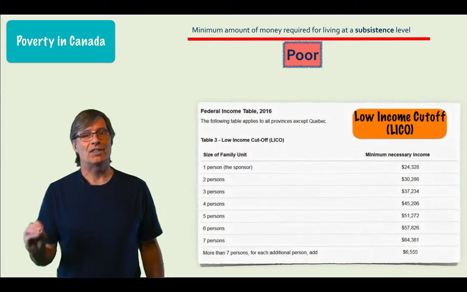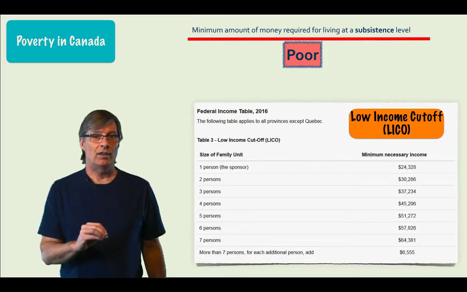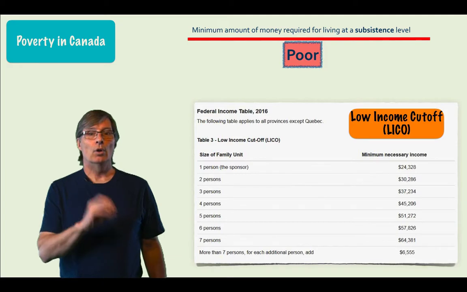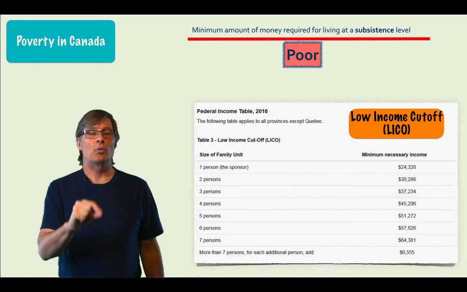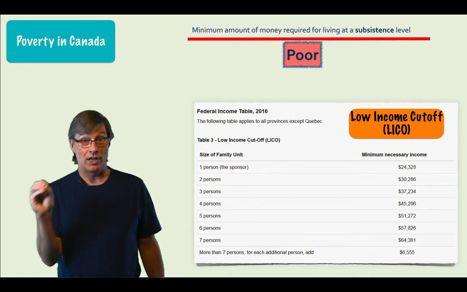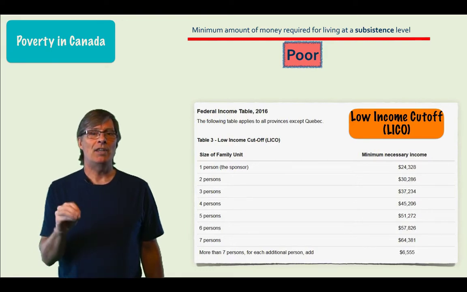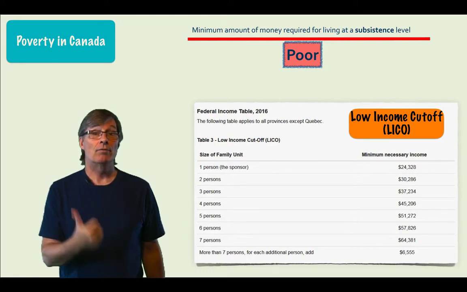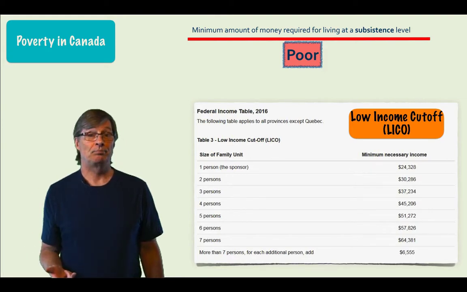Now, our most accepted definition of poverty is Statistics Canada's before-tax low-income cutoff. The low-income level at which a family may be in strained circumstances because it spends considerably more money on the basic necessities of life, food, shelter, and clothing, than the average family.